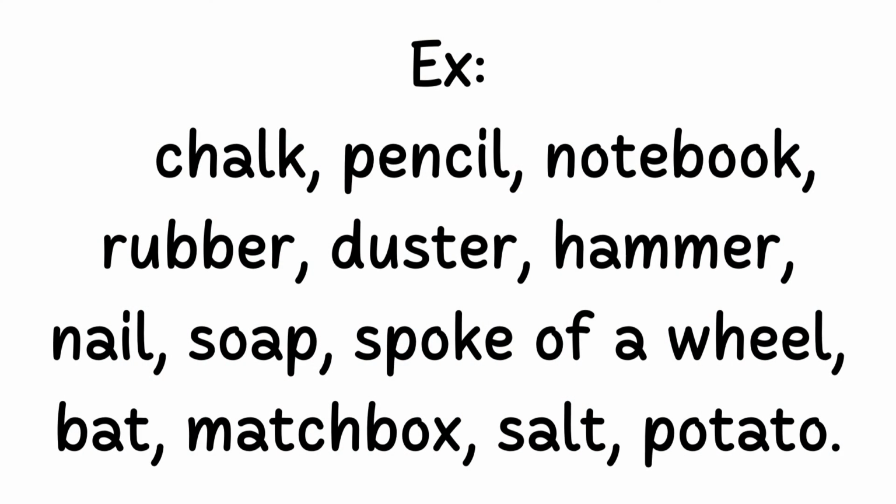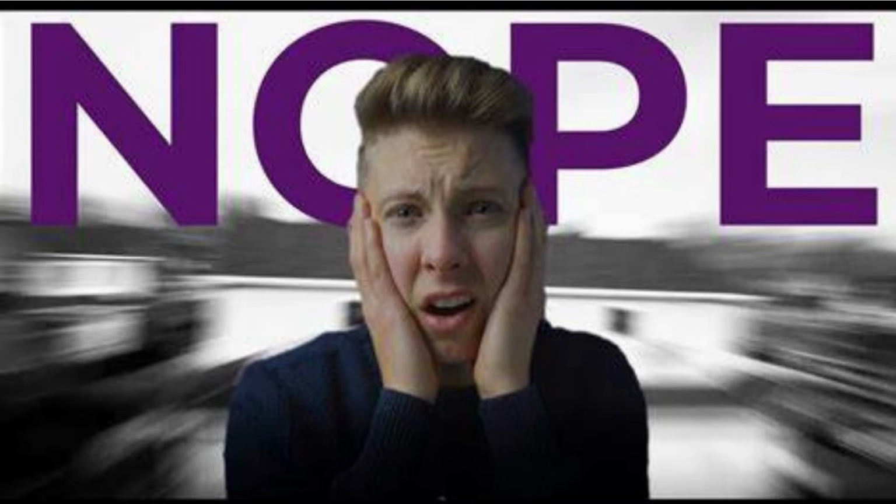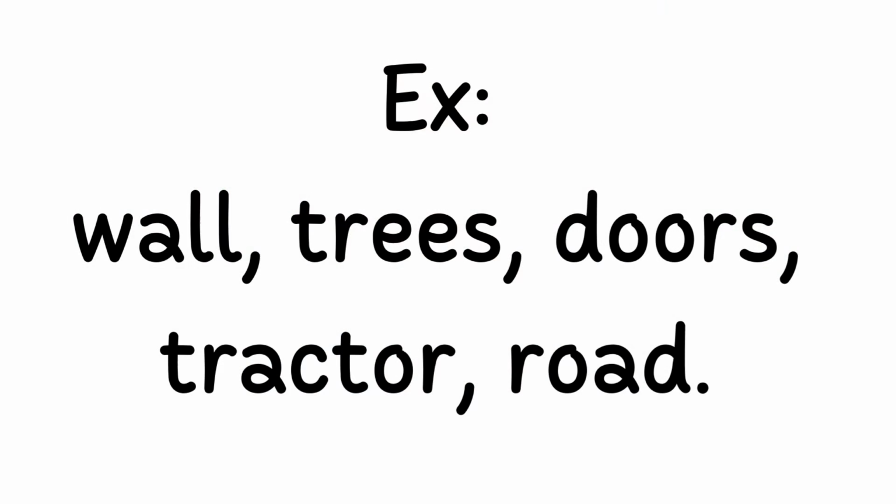Chalk, pencil, notebook, rubber, duster, a hammer, a nail, soap, spoke of a wheel, bat, matchbox, salt, potato. We can also list objects that we can think of but cannot bring to the classroom. For example, wall, trees, doors, tractor, road.